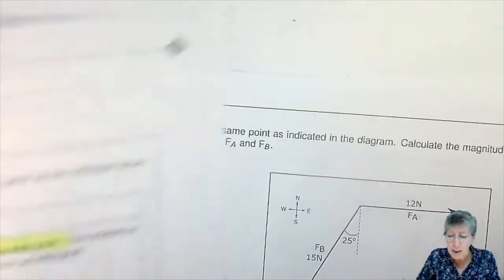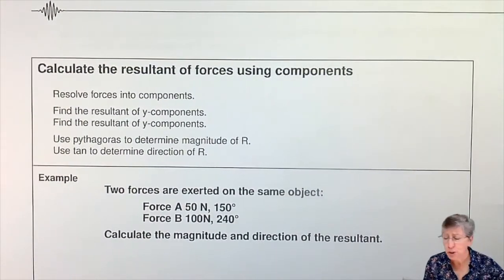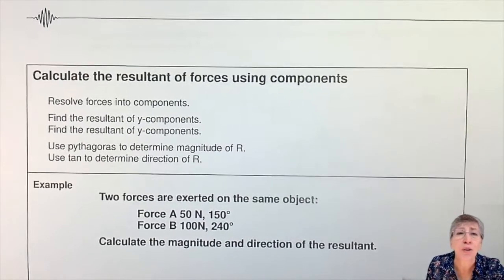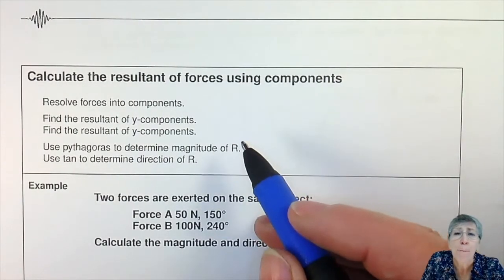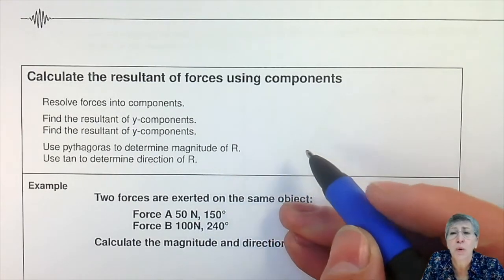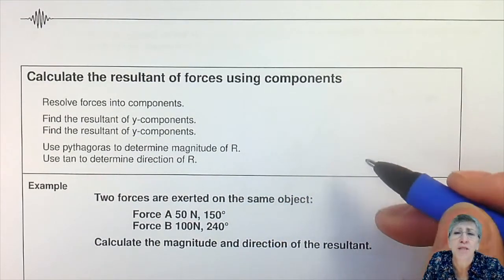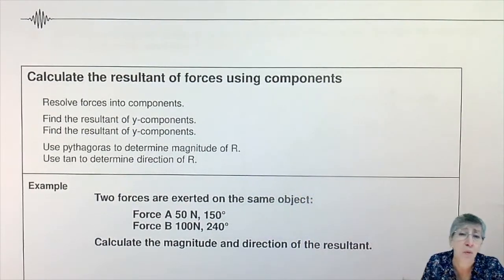Now we're going to apply this. On the next page, we are going to get the resultant, and we're going to do a calculation. Remember, you can do a scale drawing with head to tail or tail to tail to get a resultant, but that is time consuming and it is not always accurate. You have a thick pencil and you make a mistake of a few millimeters, and that might be a few newtons.